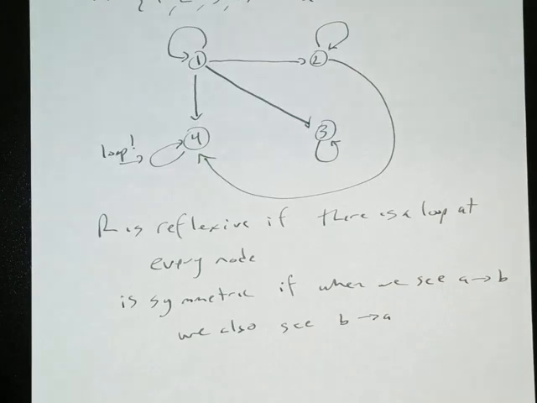If you can get from point A to point B, you should be able to go directly back from point B to point A.